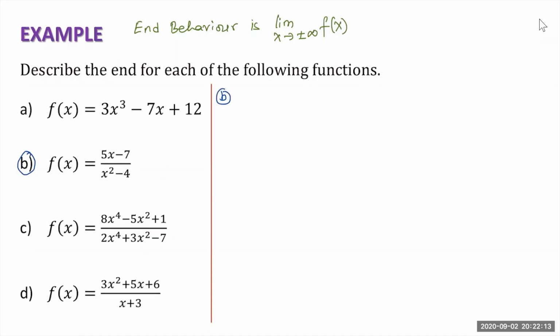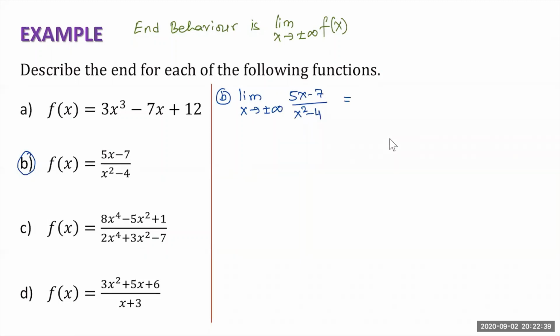In B, we have to calculate the limit as x approaches positive or negative infinity of 5x minus 7 over x squared minus 4. Whenever you are calculating the limit of a rational function like this, we have to divide both numerator and denominator by the highest power of x in the denominator.